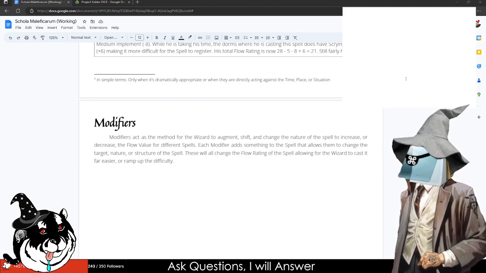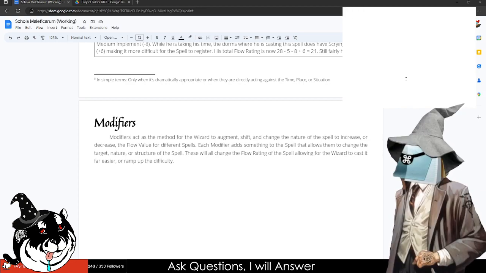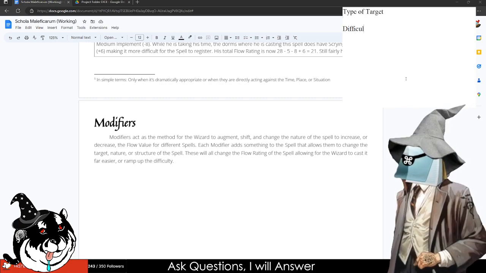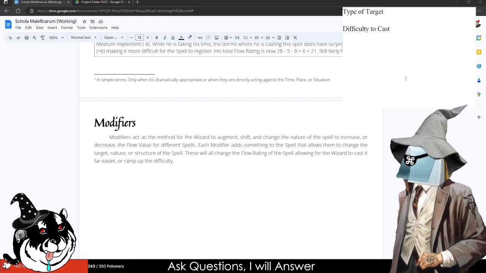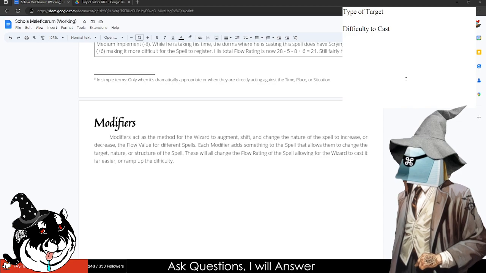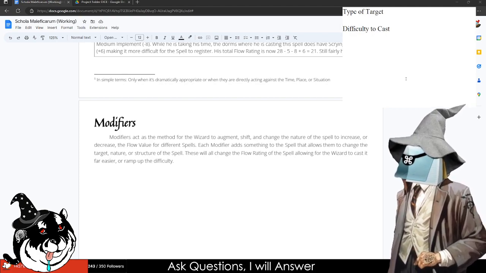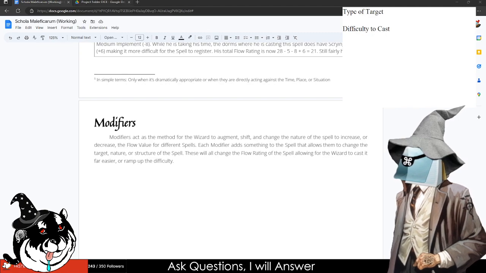We want to actually do a type of target. That's going to be important. Type of target. Difficulty to cast, which is going to be like, normally if you can get it under, you don't need to cast anything. You don't need to actually roll the dice at all. That's the big thing. Difficulty to cast, which is going to be type of target, difficulty to cast.